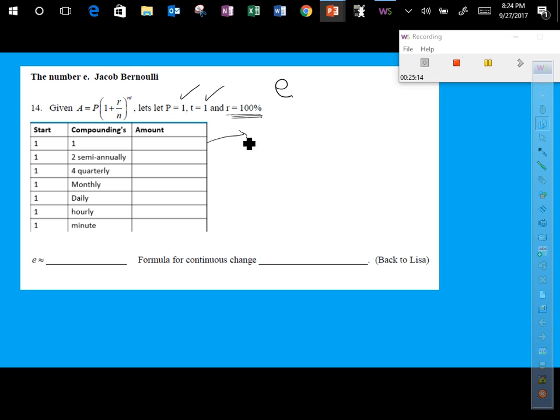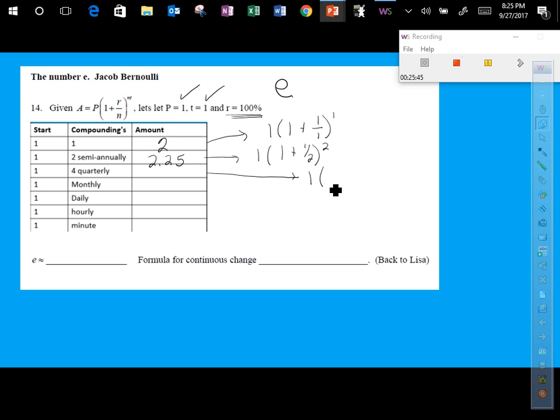So for this first one, it's going to look like $1 times (1 plus 1 over 1) to the first. Well, that's an easy one: 2. To do semi-annually, it's going to look like 1 times (1 plus 1 over 2) squared. So when we do that, that's going to be 2.25. Let's look at quarterly.